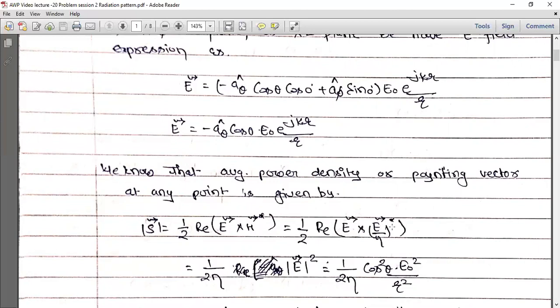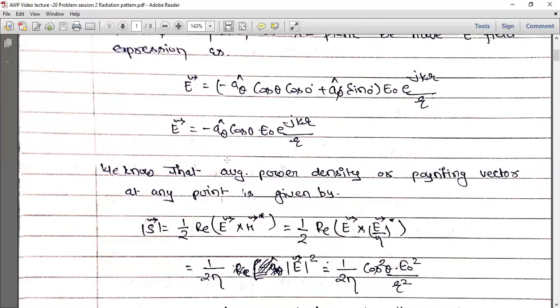And we know very well that if we have a complex quantity E and its complex conjugate E star, their product gives the magnitude square of the complex quantity. Correspondingly, equivalently, 1 by 2 real part of E phasor cross E phasor star upon eta can be written as 1 by 2 eta into E cross E star, which will be equivalent to mod of electric field intensity phasor squared. Okay, and what is the magnitude of this electric field intensity phasor?